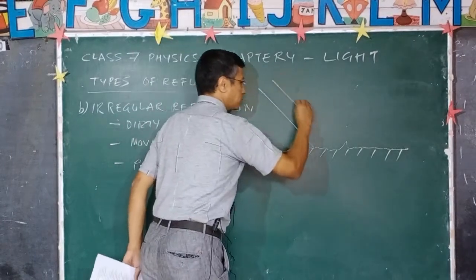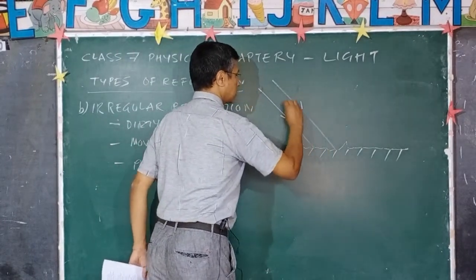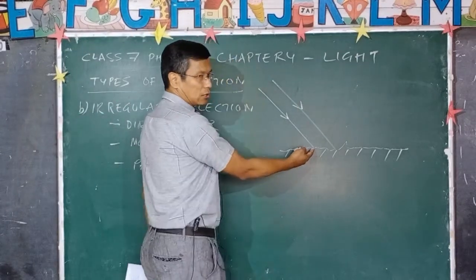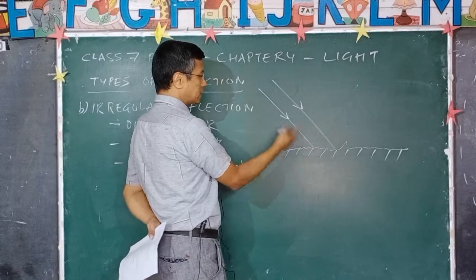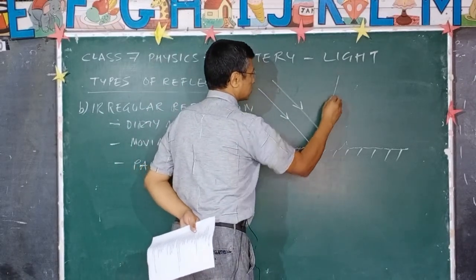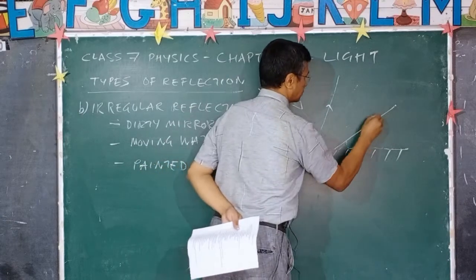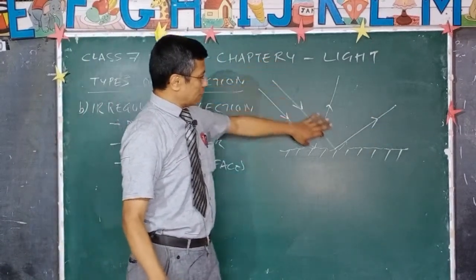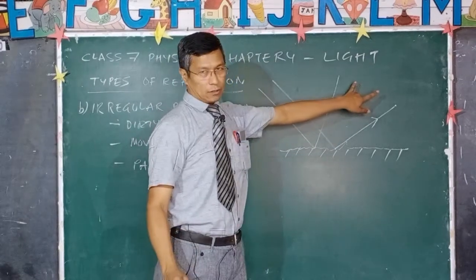Let's say in this case also, two rays of light are incident. Now, depending on the angle at which the incident ray strikes the surface, the ray of light will bounce in different directions. You can see that the rays of light are coming in parallel, but they are not leaving parallel.